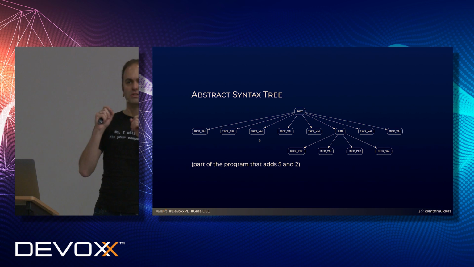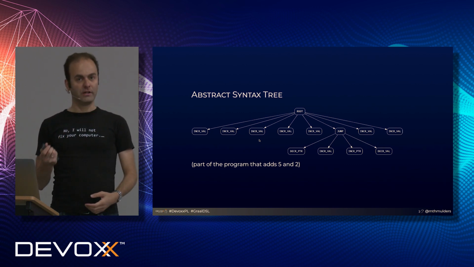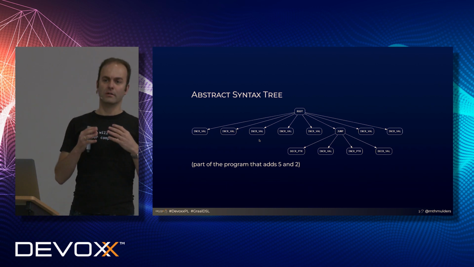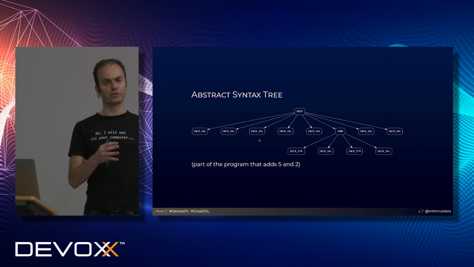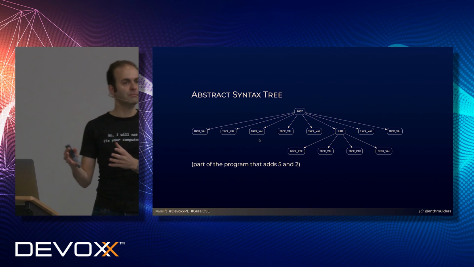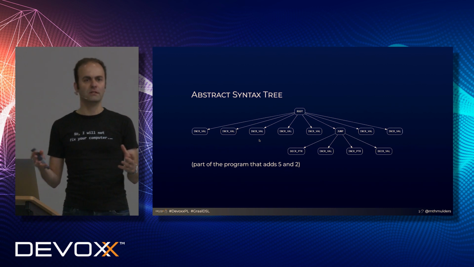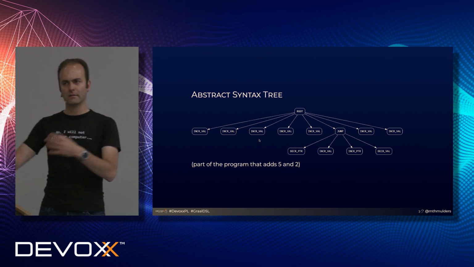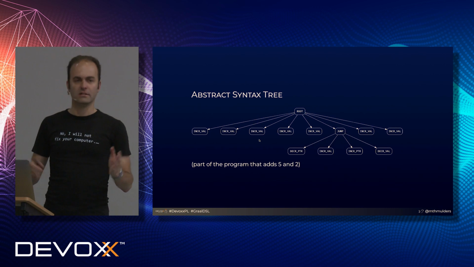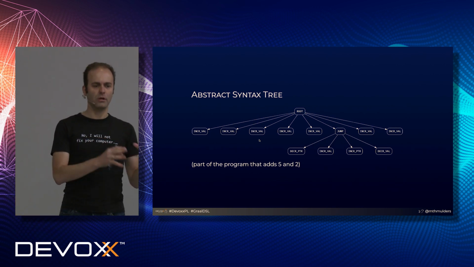It contains the steps that need to be done at that specific point. It's called abstract because many concrete details from your source code are not in here anymore. How was the indentation? The AST doesn't know. Did you use brackets or not? AST doesn't know. Did you use curly braces? AST doesn't know. It's abstract in the sense that this is what the machine is going to do.